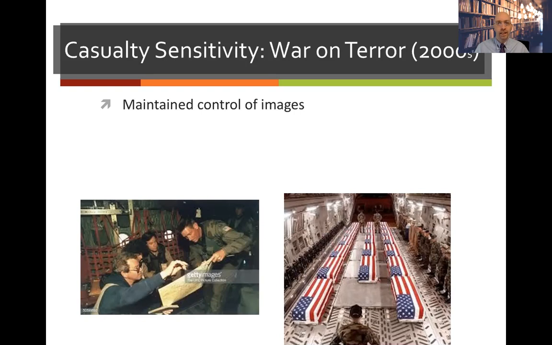And from 9/11 until February 2009, that's 8 years effectively, the Defense Department banned photographs of returning US war dead, especially flag-draped coffins that might, for example, be delivered to Dover Air Force Base in Delaware and then passed on to family members. Those images were banned. They were censored from publication.